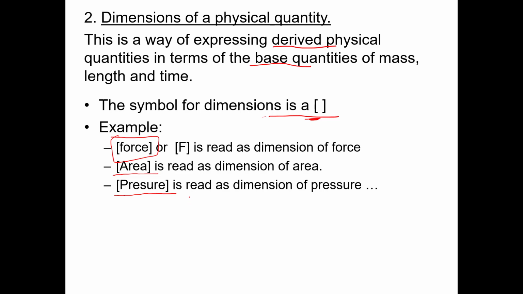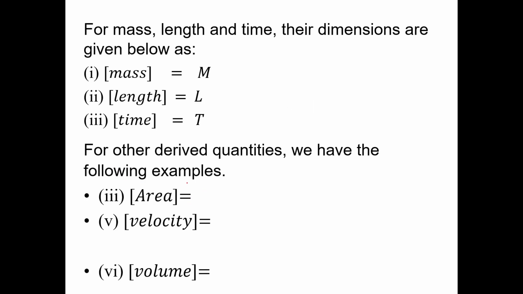Now, to begin with, for the mass, length, and time, the dimensions of mass is a capital M. Remember, we can represent M as the mass of a substance, small m. To distinguish that one from dimensions, always give the mass capital M. Dimensions of length likewise is given a capital L, and dimensions of time is given as a capital T. These are dimensions of the fundamental quantities of mass, length, and time.